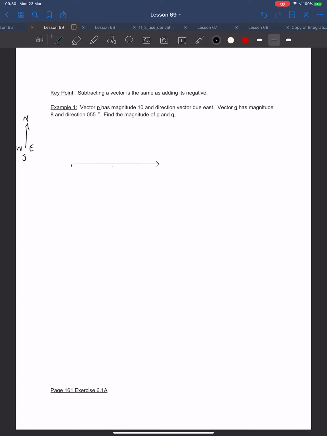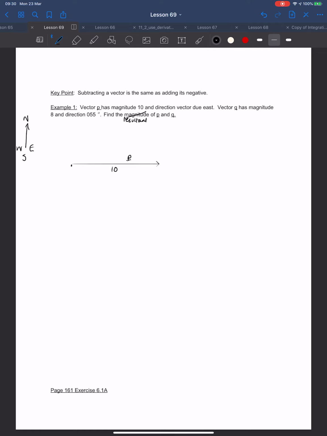This has got length 10, and this is P. Vector Q has magnitude 8 and direction 055. Find the resultant of P and Q.